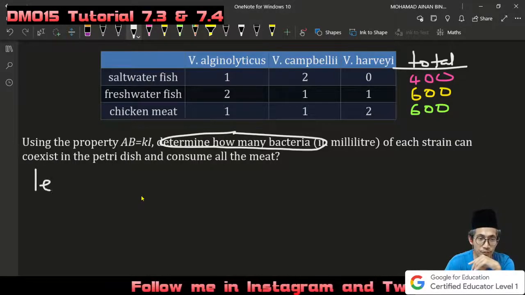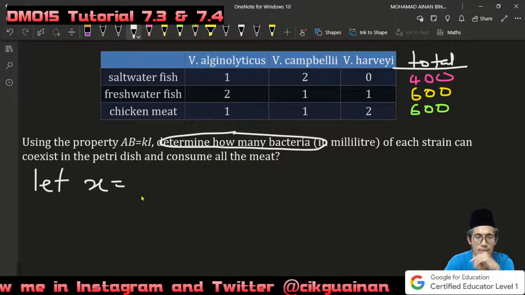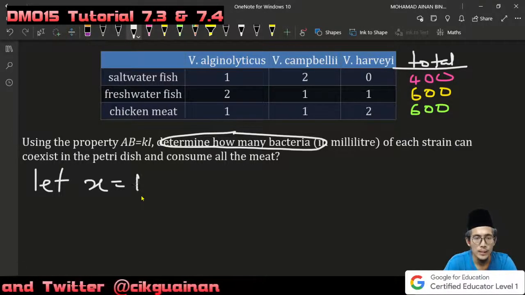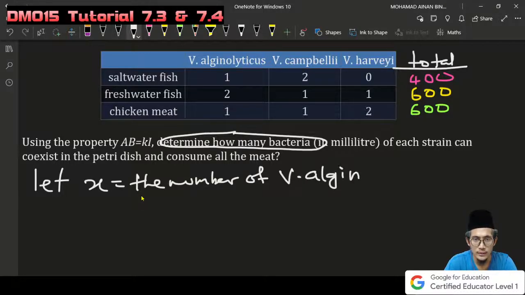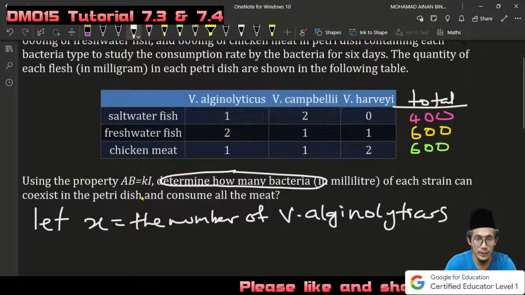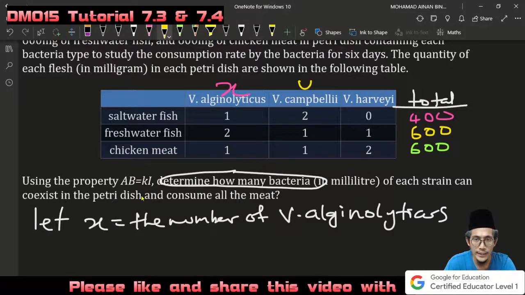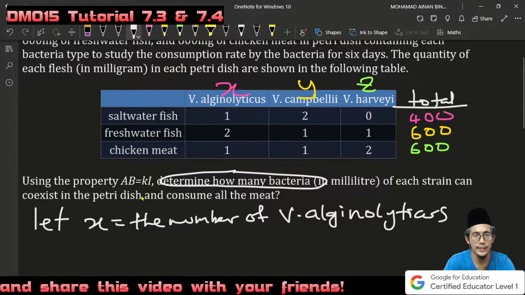So we have to let X equal the number of Vibrio alginolyticus, because this is the first one. So this is X. I made it pink. And this is Y. And this is Z. Okay.